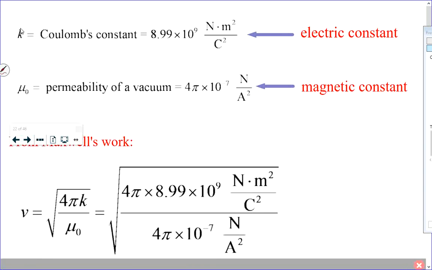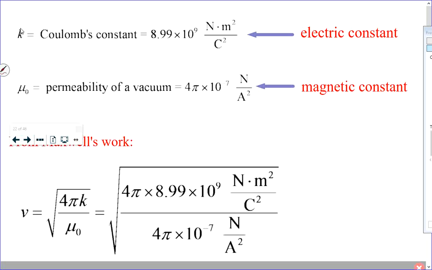It reduces to the speed with which this stuff spreads out through space is equal to this. On the bottom of your screen, there's v equals the square root of 4 pi k over mu sub 0. That k, by the way, is Coulomb's constant, and mu sub 0 is called the permittivity of a vacuum.